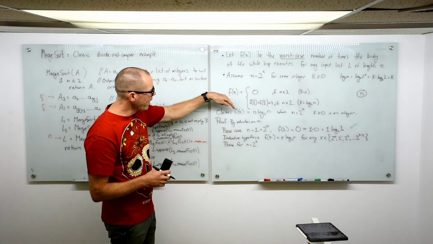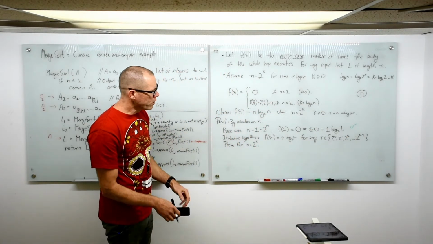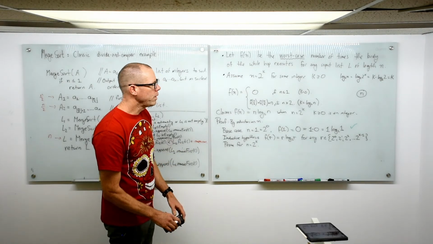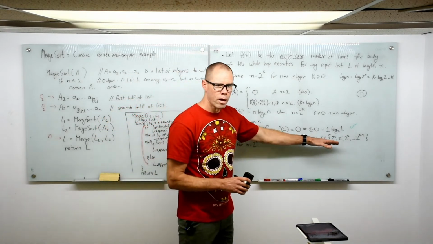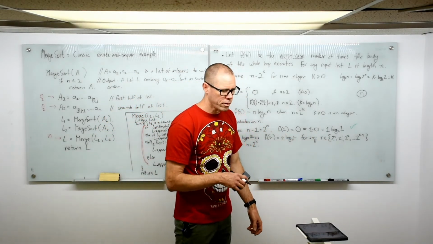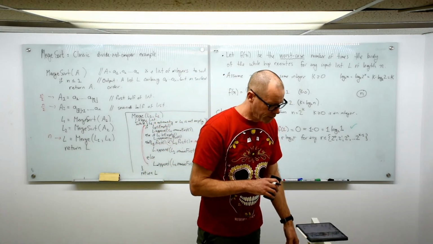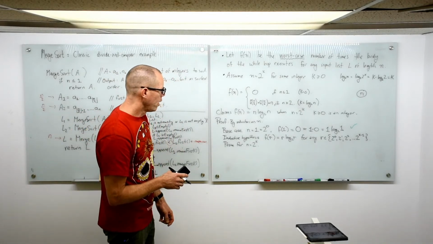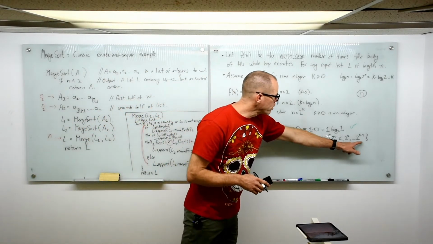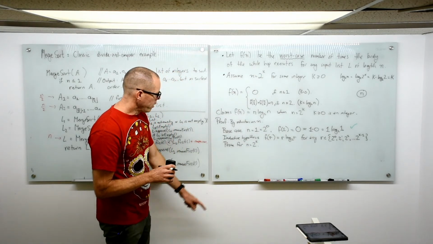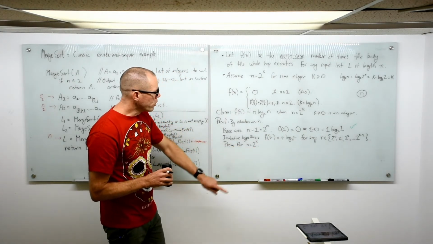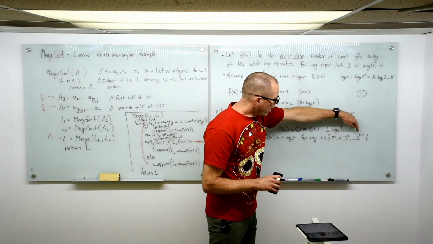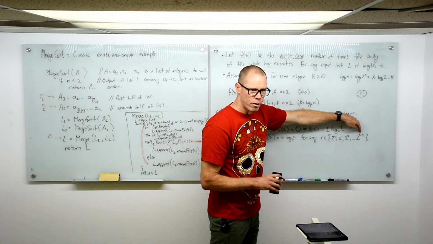We're trying to prove it for n, which is a power of 2, which means we can assume it for smaller values r, but only the ones that are a power of 2, because we're not trying to prove it for the other values, so we can't assume that it's true for those other values. Okay. This is up to 2 to the k minus 1, right? So n is 2 to the k. We're going to assume that it's true for any r which is a power of 2 where the exponent in the power is smaller than k.